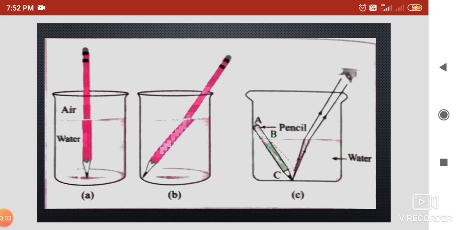So let us see the definition of refraction. What is the meaning of refraction?